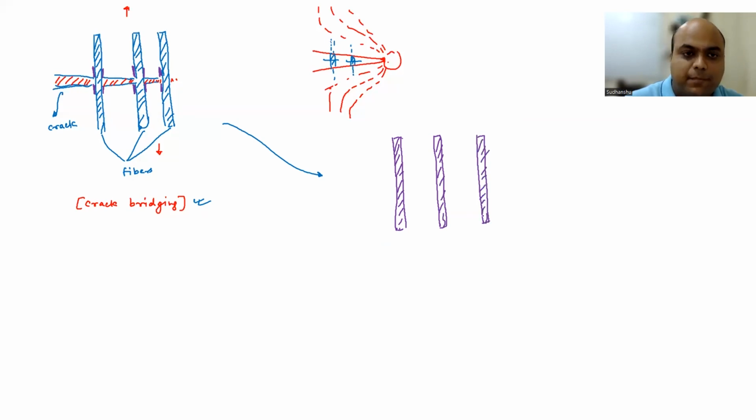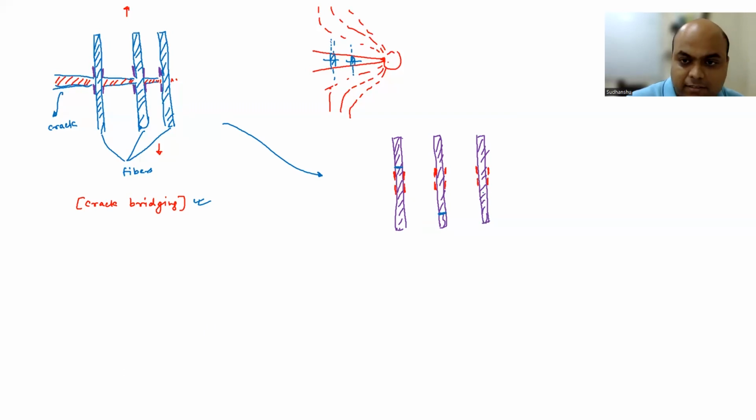So these are the fibers in the composite, and then you are going to observe fracture. So here you have, say, debonding. And then you're going to observe fracture of the fiber, say something like this.